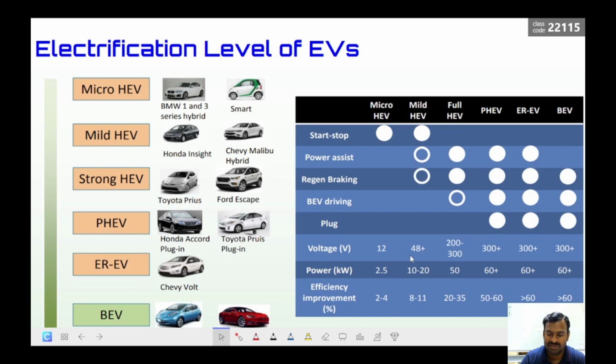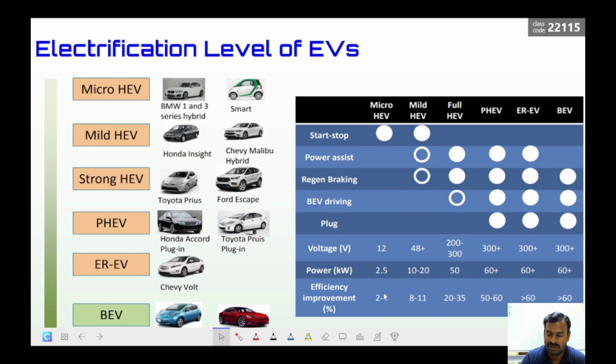And voltage ranges are also given here. In the micro HEV, we have only a 12 volt battery, and mild HEV up to 48 volts or a little greater than that. In full HEV, 200 to 300 volt batteries, connected in series and parallel combinations. PHEV, EREV, and BEV all have 300 plus volts.